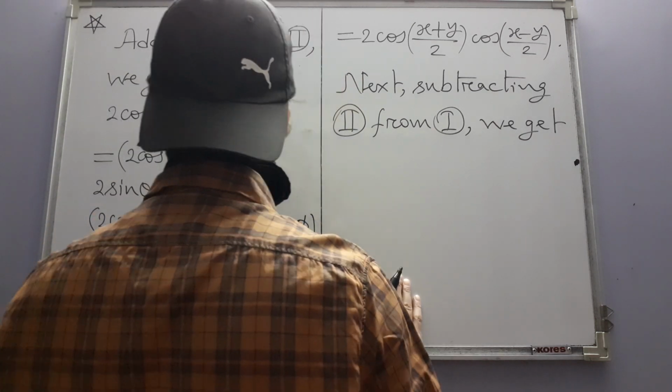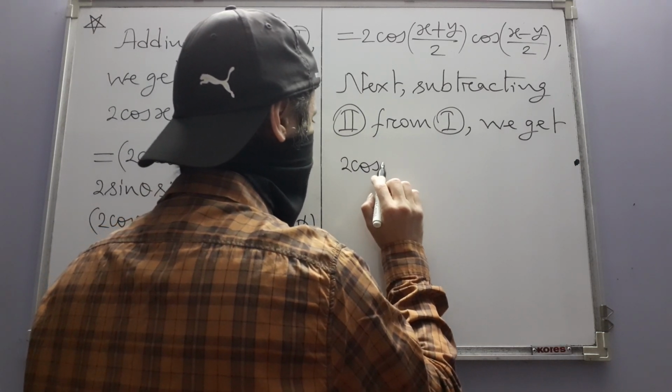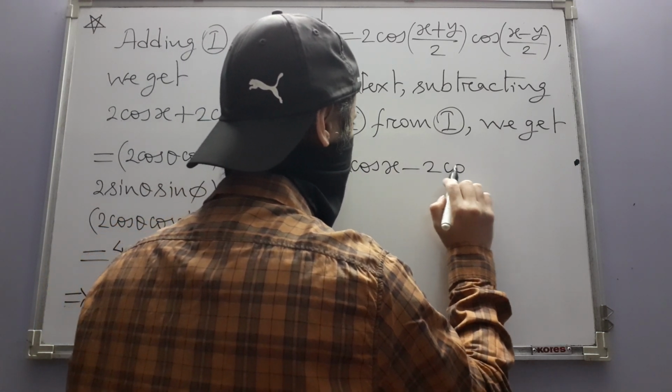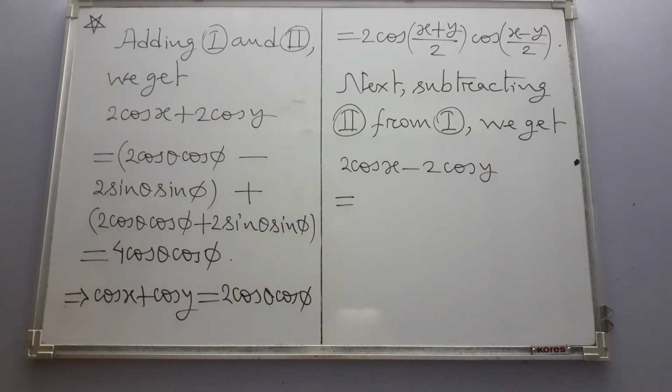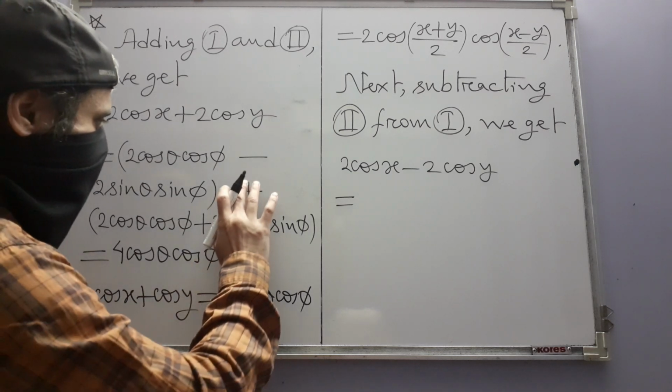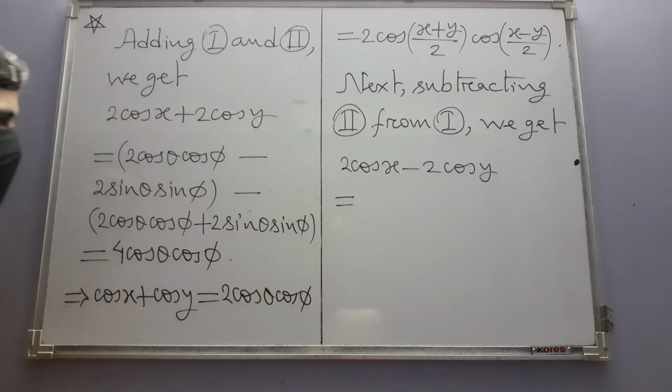So we will get 2 cos x minus 2 cos y, and this time we won't write it out, we are going to straight away write what we will get. What will be the difference in this case? The difference will be that instead of this plus, we will have minus.